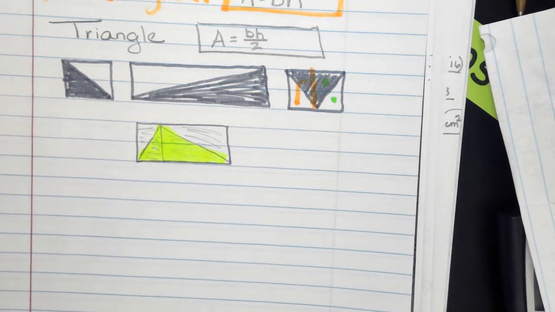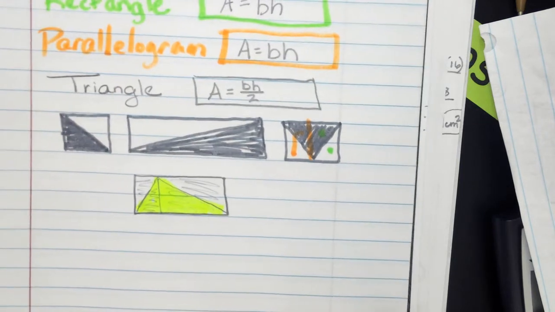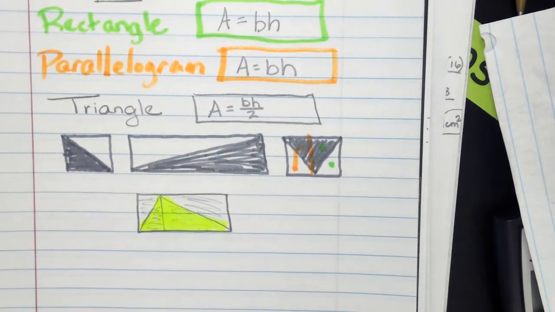That is why triangles are always divided by 2. Always. So, the key is this. If you see a rectangle, you got to know the formula. If you see a triangle, you got to know it's the same but divided by 2. Okay? I'm going to show you how that works in just a minute.